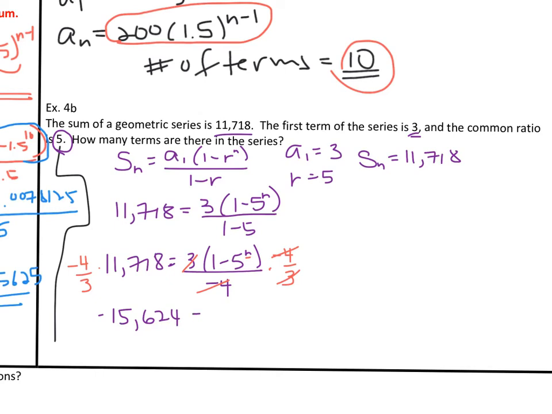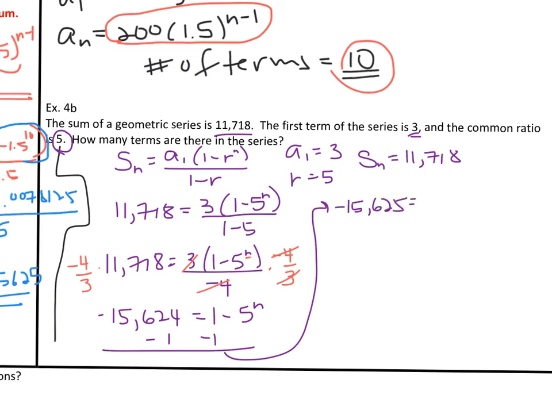On the right, we have 1 minus 5 to the n. I'll move 1 over by subtracting. And that just gives us negative 15,625 equals negative 5 to the n.